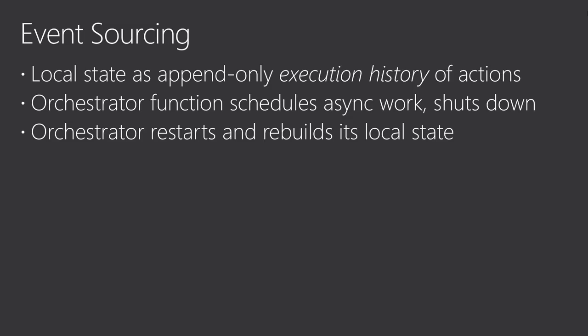Everything that's going on in Durable Functions will be an independent execution history of actions that will happen. We can look at that a little bit later, but just think of this as everything that happens will happen in a very specific order, and you can basically rebuild the state as you're moving forward.